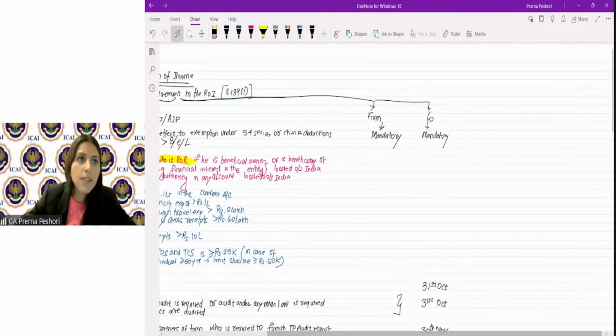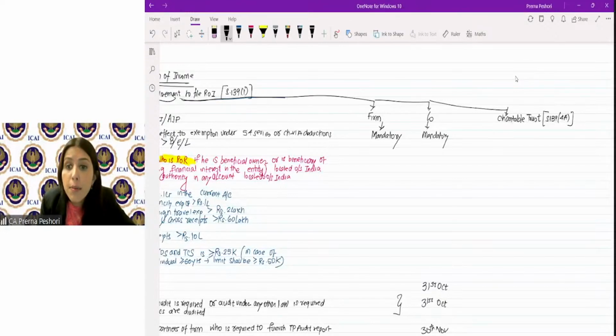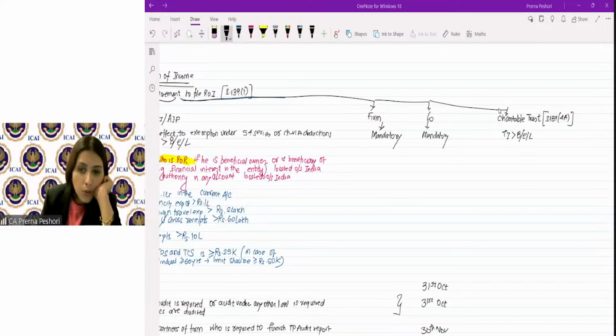For the charitable trust that is not under 139.1, but this is under 139.4A. The charitable trust, they have to furnish the return of income if their total income exceeds the basic exemption limit. So again, charitable trusts are not mandatorily required to furnish the return of income.